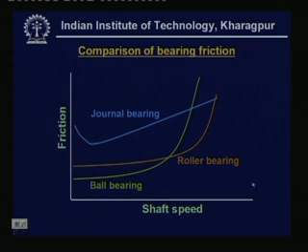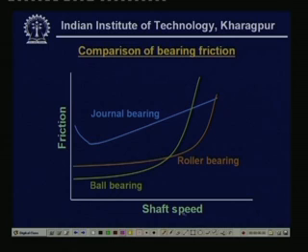Now, if we see a plot of the friction versus the shaft speed, then you can see that for the lower shaft speed, journal bearings have more friction compared to the roller bearing and the ball bearing.